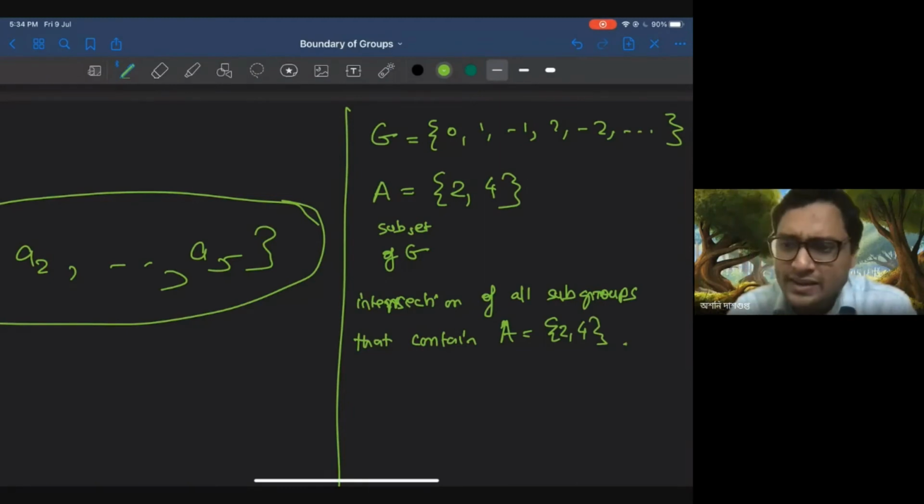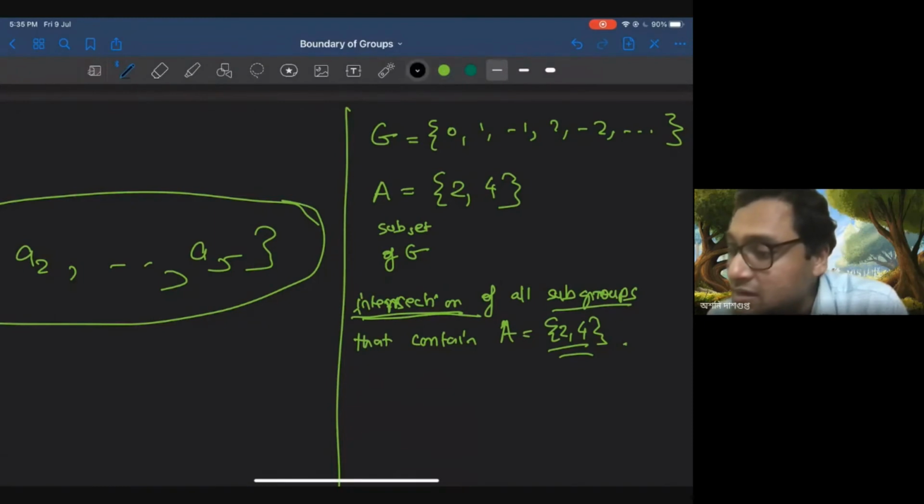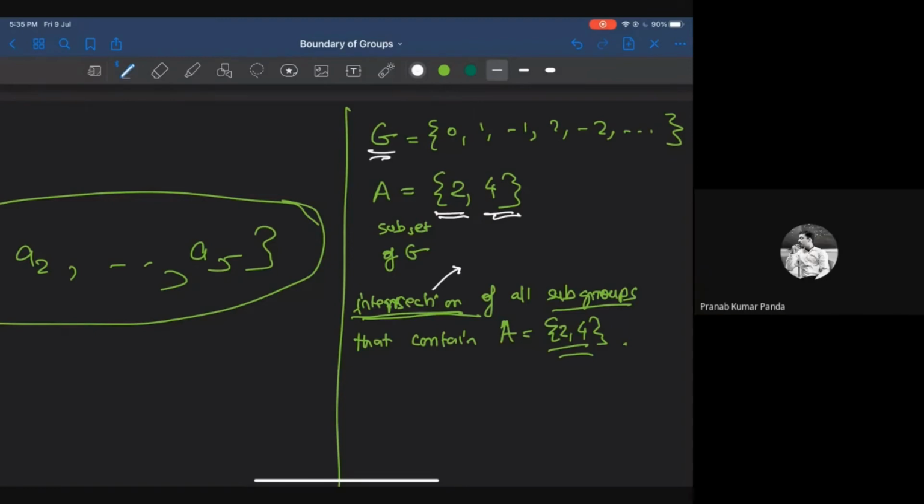Can anyone quickly tell me what that will be? Can anyone tell me what is the intersection of all subgroups of G that contain the numbers 2, 4? Okay, Pranab Kumar Ponda has raised hand. Go ahead, Pranab. Maybe 2Z.